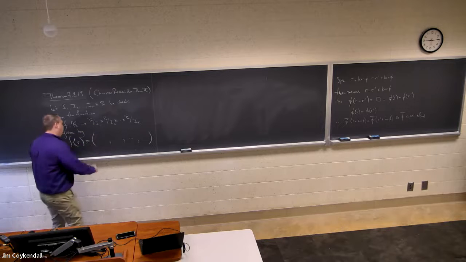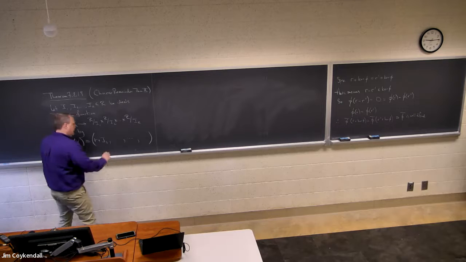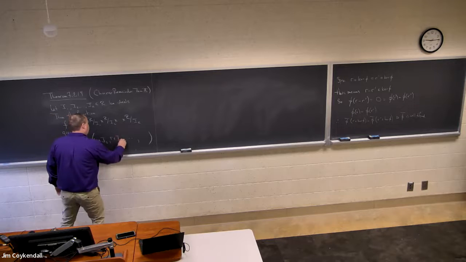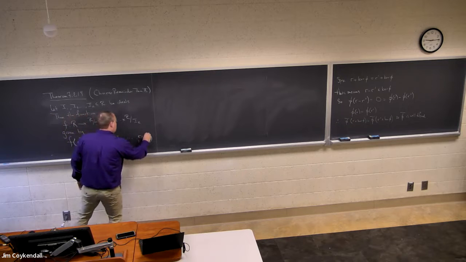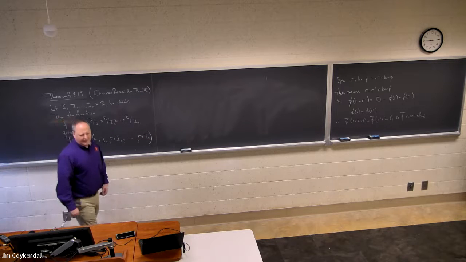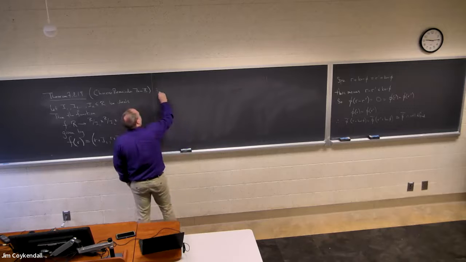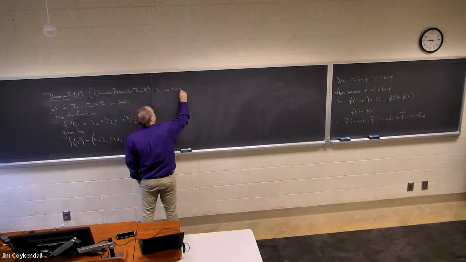Well, the easiest thing I can think of is the coset r plus I1, then r plus I2, just repeating this all the way across. This is a ring homomorphism.